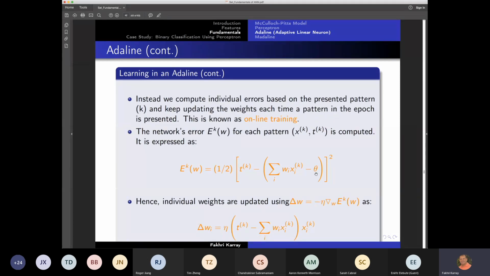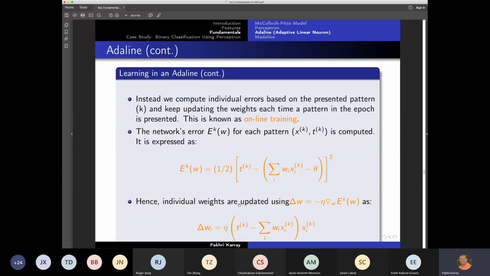However, we can do online training, and online training is no other than taking one training data at a time. This is what we have, Ek. So Ek stands for the kth training pattern. xk and tk are computed. So this is the online error at a particular element of time for this particular training data. So for each element of the data, we have a k.